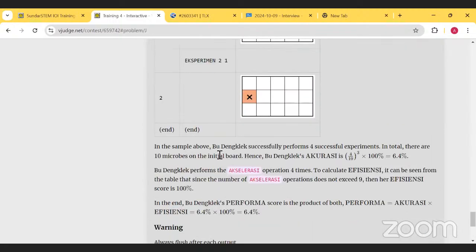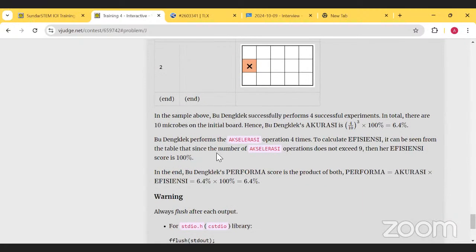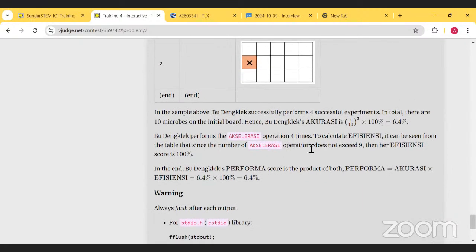So in order to get the full score, we should not accelerate more than 9 times. So the constraint is 9. We may not accelerate more than 9.